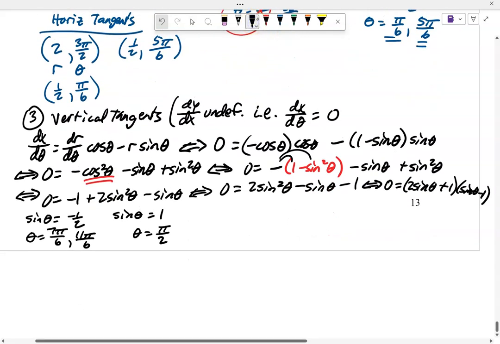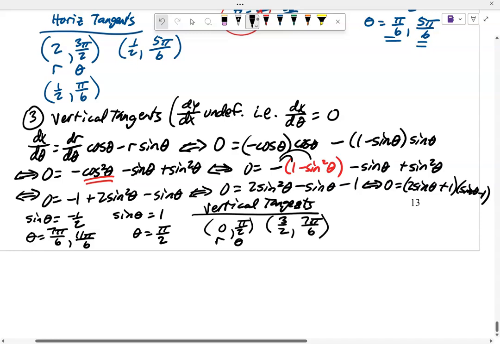And now we go ahead and say, well, our vertical tangents, if theta is pi halves, find your r. And then for 7 pi 6, throw it in, you get 3 halves.